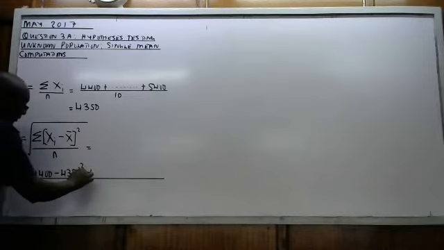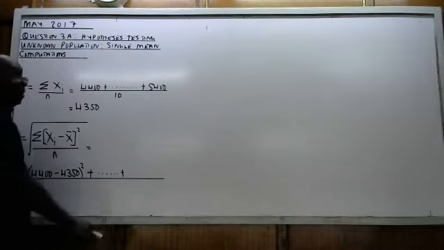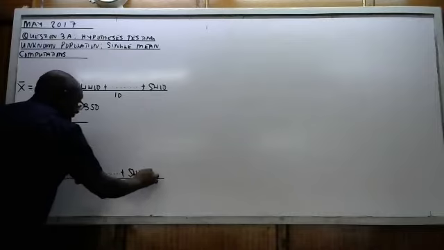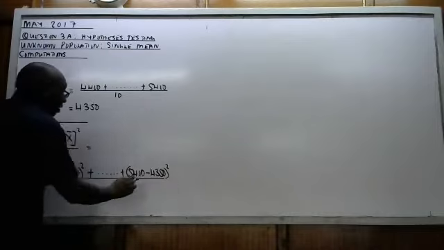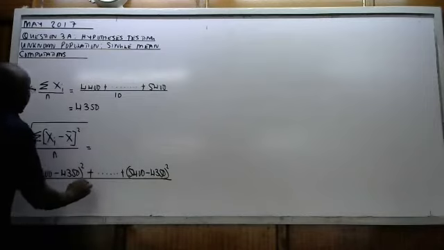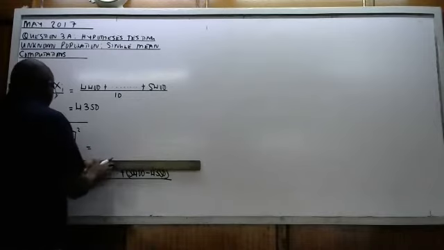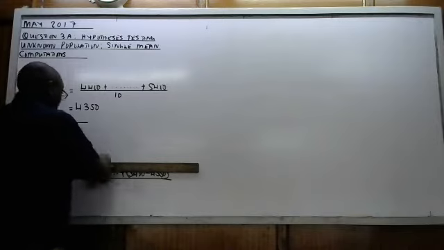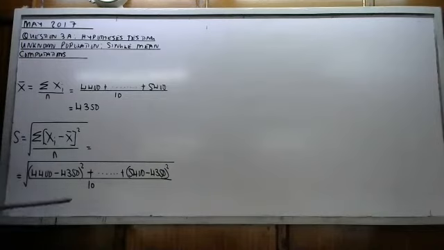Then you say plus all the others, we will go doing the same, until we reach this last one, 5400 minus 4350 squared. Now all these you divide by 10, and then you get the square root, or you raise to power half.